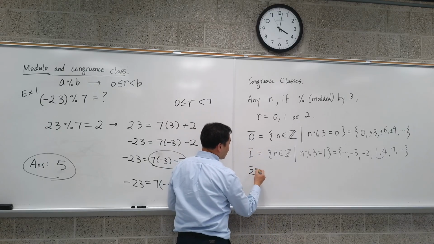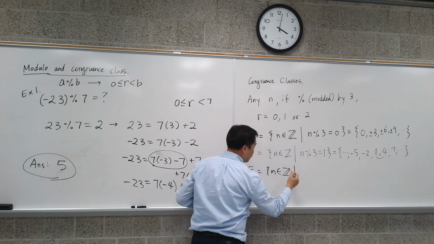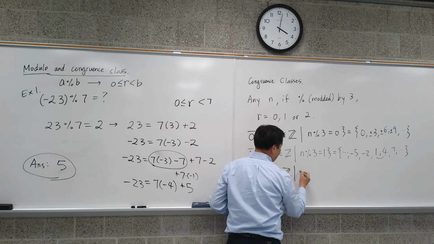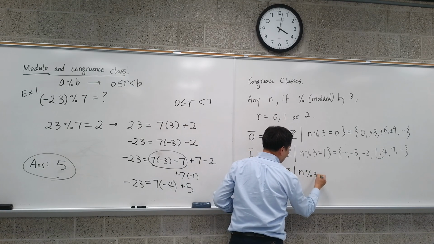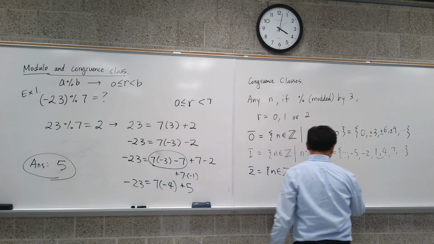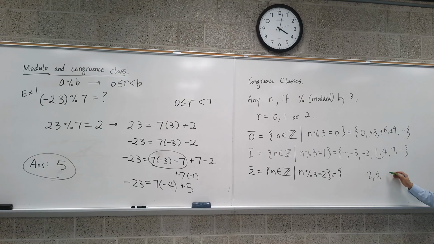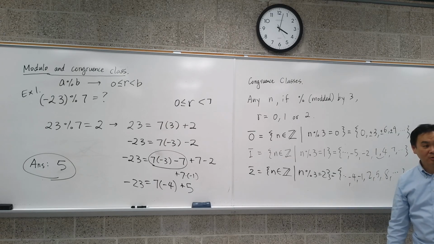And then 2 bar would be this one, which will give you 2, 2 plus 3 is 5, 5 plus 3 is 8, and so on. 2 minus 3 is negative 1, negative 4. These are the numbers that are in congruence class 2.